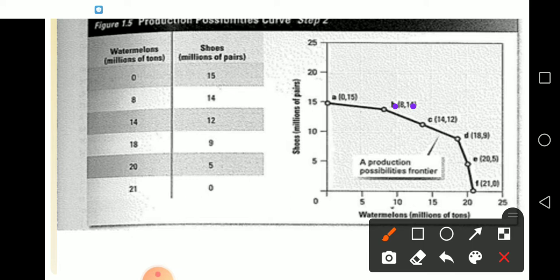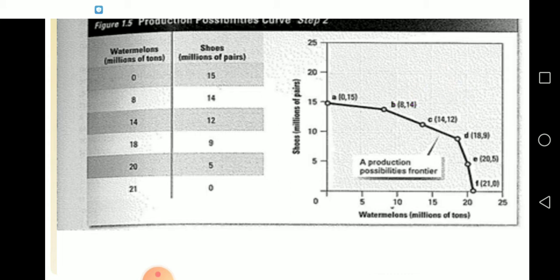It's 14. When I talk about point C, this means that I exceeded the production of the watermelons, right? What happens to the shoes now? They are reduced. So whenever I exceed the production of the watermelons, I will reduce the production of the shoes.